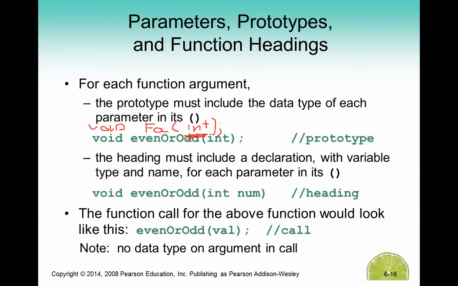Why is this? If I'm the programmer that is going to be creating main, and I have another programmer that is going to be creating FA, function A, what I'm going to do is I'm going to tell that programmer the name of the function and the type of the parameters or the values that is going to be used by the function. So I have to specify that it's an int.